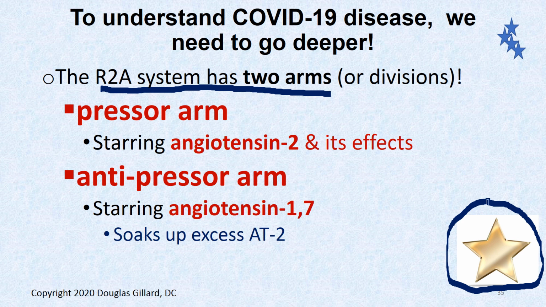You should really call it angiotensin 1-7. And what's its basic job? Its basic job is to soak up excess angiotensin II. So that's one thing it can do. It can also bind to its receptors on cells.